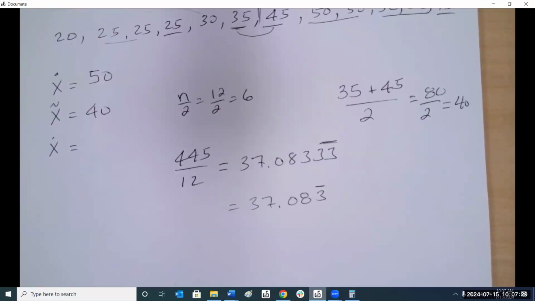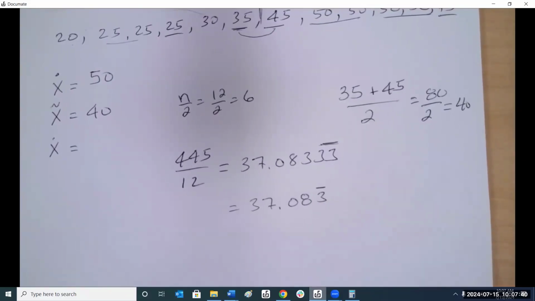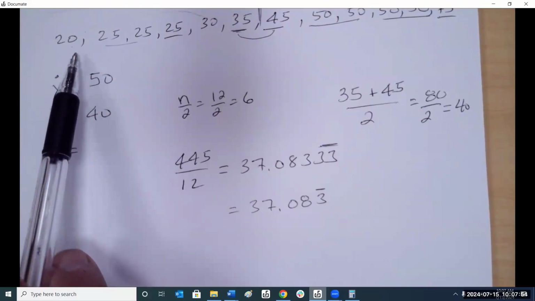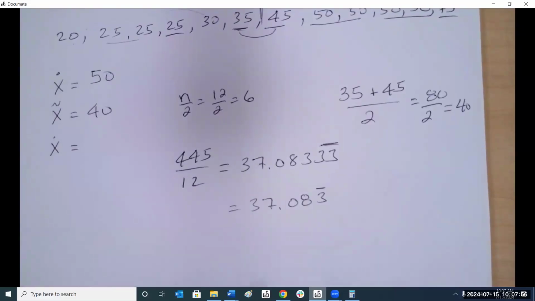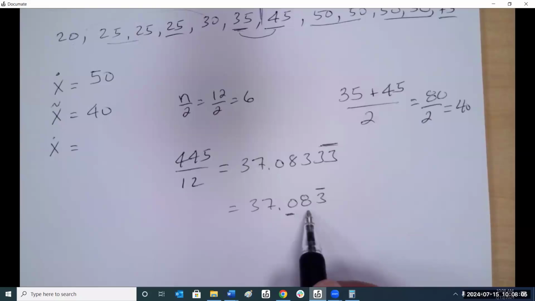But how do we write our answer? Here's the rule of thumb: your answers will only have 1 decimal place more than your data set. Since our data was integers, we're going to have just 1 decimal place. So we have to round to the first decimal place. Since we have 37.08, look at the second decimal place.